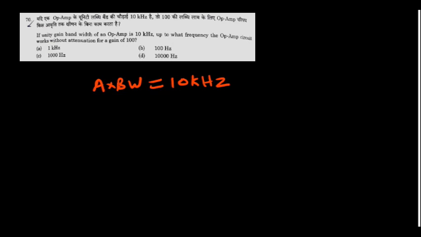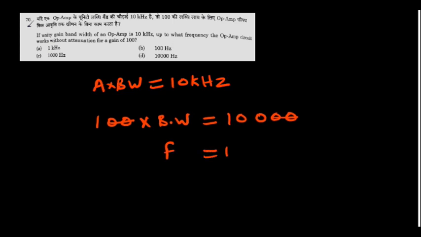Gain is given as 100, and the bandwidth is the question. 10 kilohertz we can write as 10 multiplied by 3 zeros. So 2 zeros cancel. The frequency is going to be 100 hertz. So 100 hertz is the answer.